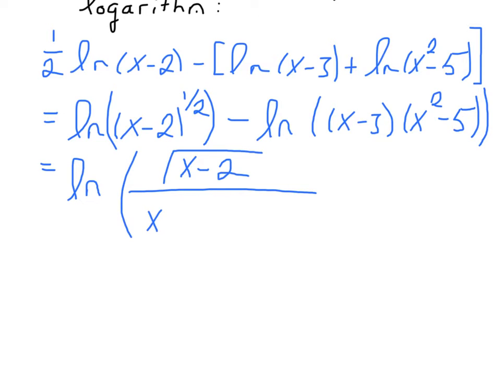So in the denominator, we're now just going to have x minus 3 all times x squared minus 5. And that's it. We've now written the logarithm that we started with up here as a single logarithm. We have one log here, we had 3 logs up there. Okay, so now let's do another example.